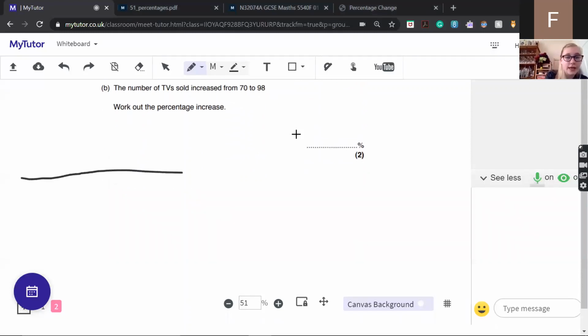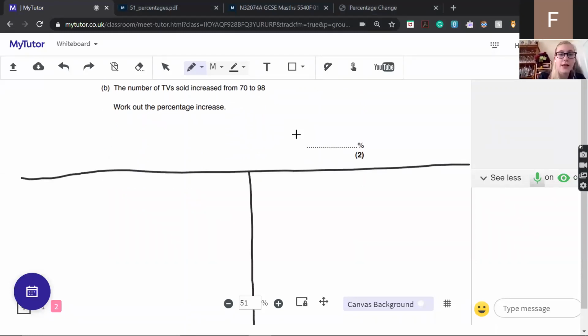The first way is to work out how much it increased by, 28, right? To get from 70 to 98, we're increasing by 28. Then we work out that 28 as a percentage of the original number. So 28 as a percentage of 70.